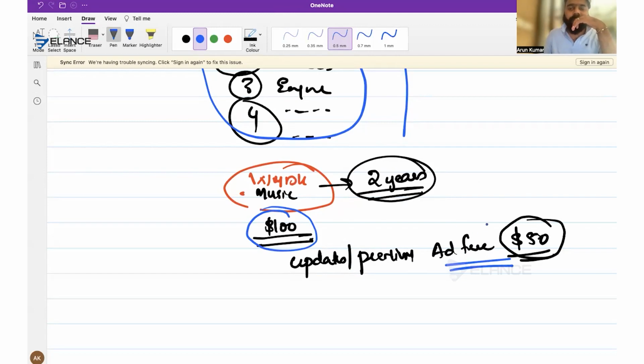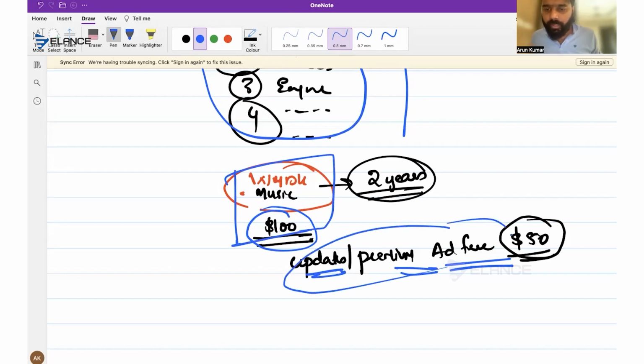In that scenario, is it two separate performance obligations or a single performance obligation? Single. Why? Updates are integral. Ad free, is it integral? Because even the app can work without these updates and the ad free options, right?